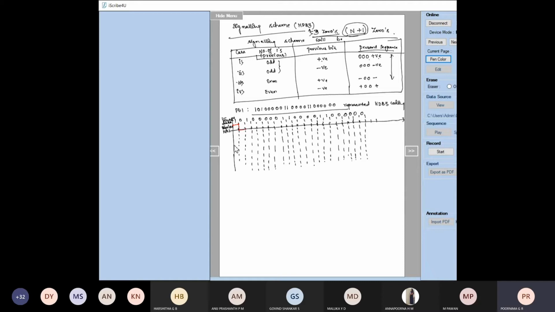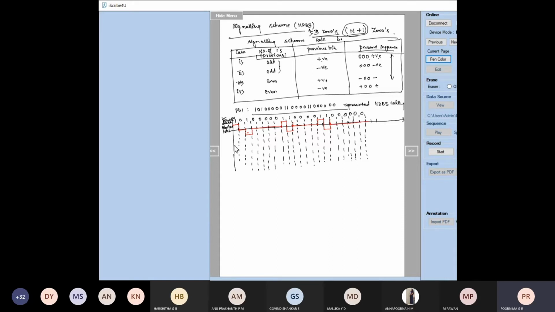The next bit is 0 and the next bit is 1, so it goes with a negative amplitude. Then 4 zeros straight. Since the previous amplitude is negative, the next bit's amplitude goes positive and then negative. Then 4 zeros, then positive, negative, then 0. This is the bipolar non-return to zero coding.